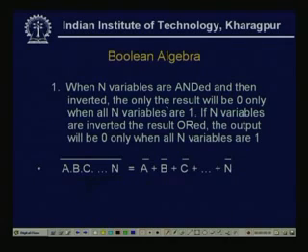So, this explains that the output of the left hand side will be 0 when all the variables will be 1. Similarly, for the right hand side also the output will be 0 when all n variables will be 1.